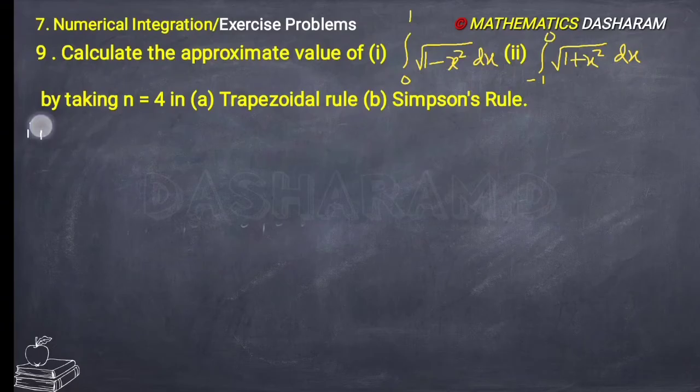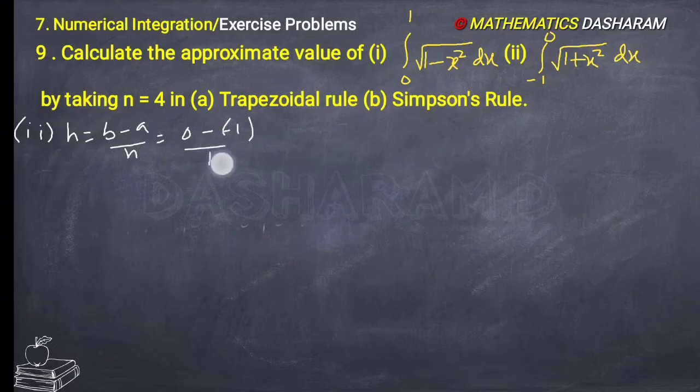Next second question is integration -1 to 0 root 1 plus x square dx. Here h equals to b minus a divided by n. So b value is 0 and a value is -1 by 4. 0 minus 1 is 1 by 4. It is equals to 0.25.